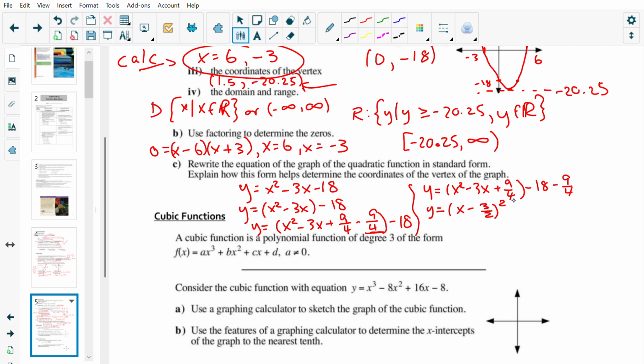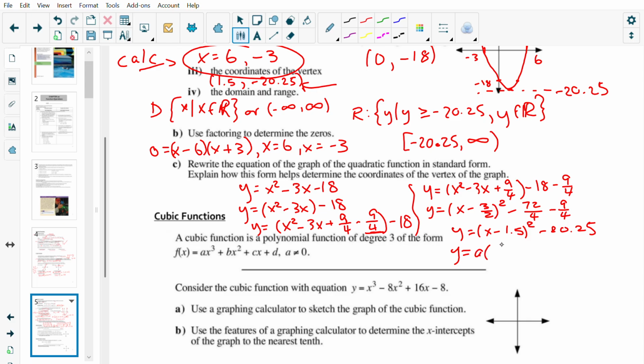Okay, perfect square trinomial. Let's factor it. And then this is 72/4 minus 9/4. Okay, y equals x minus, let me make them decimals so we can match it to what we got from our calculator, x minus 1.5 squared minus 81/4, which is also 20.25.